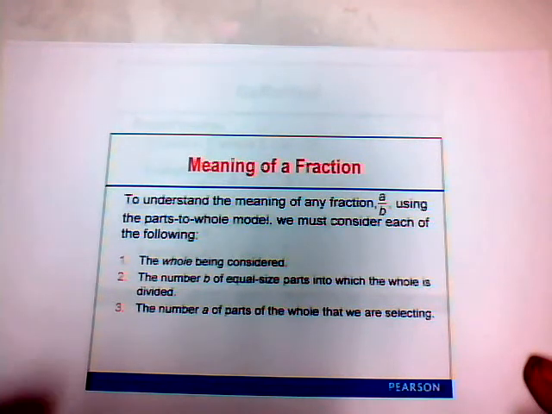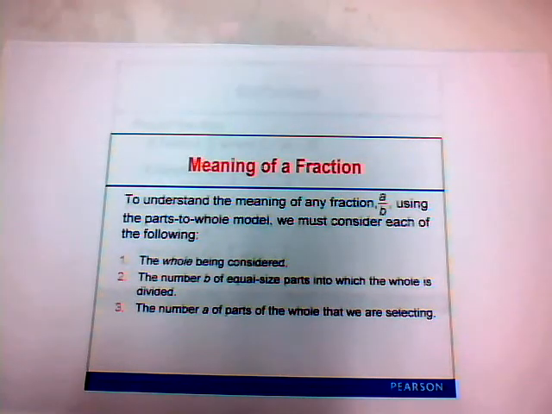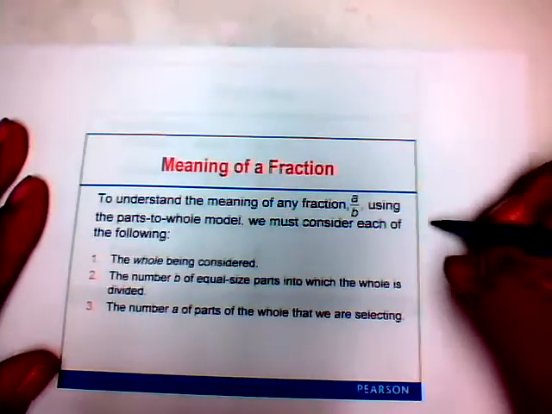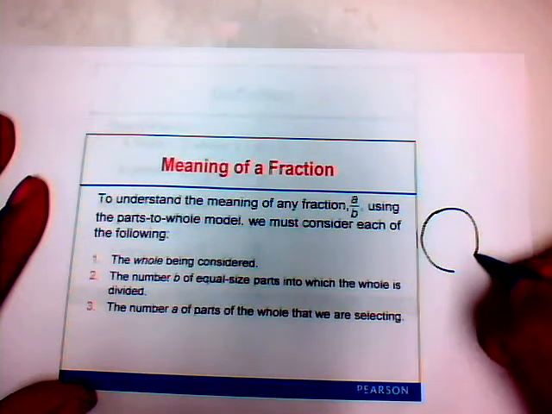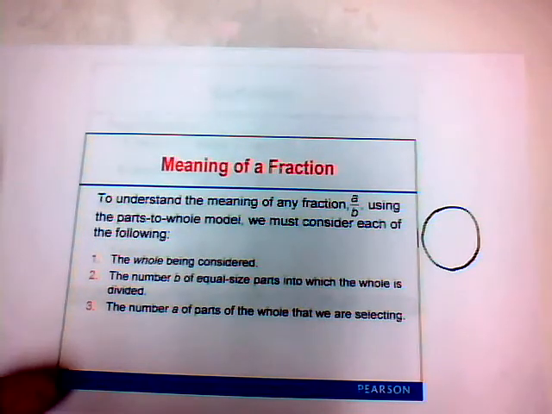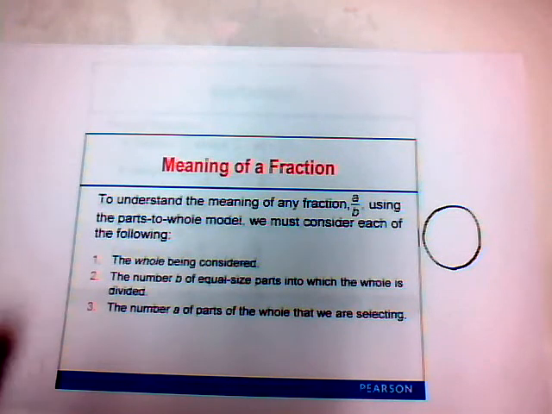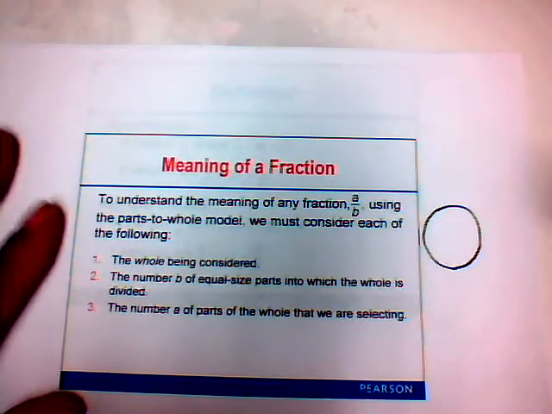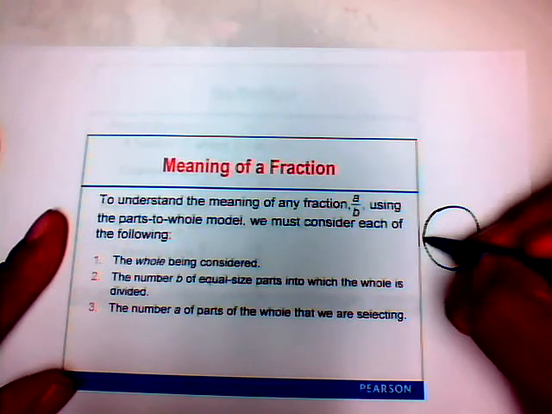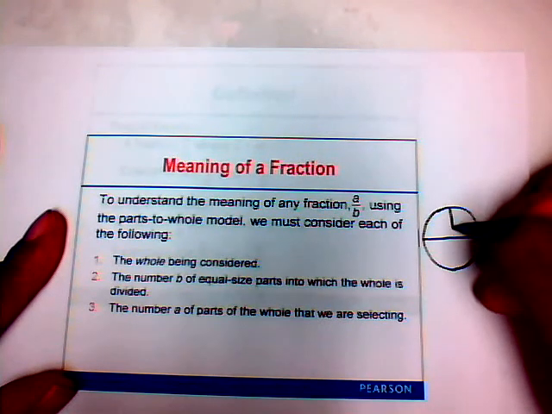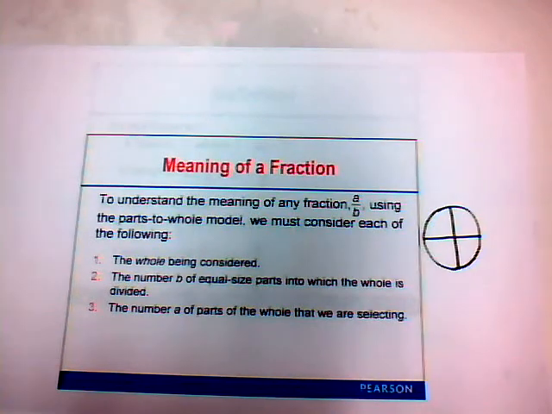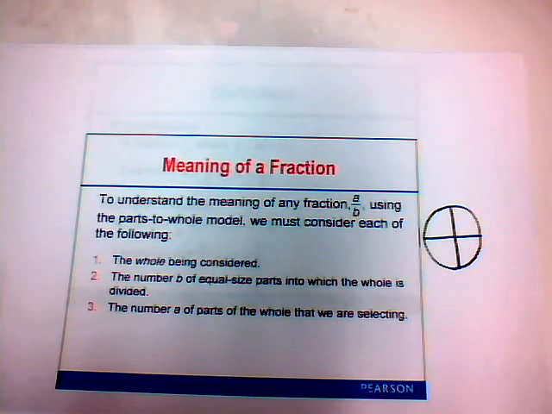Let's say, for example, the whole is going to be this circle. That's the whole that I'm considering. And then B will be the equal sized parts into which that whole is going to be divided. So I'm going to take this whole circle and divide it into 4 equal parts, as you can see here.